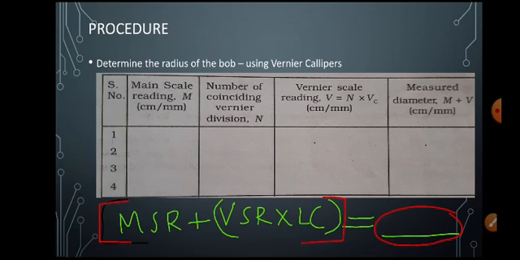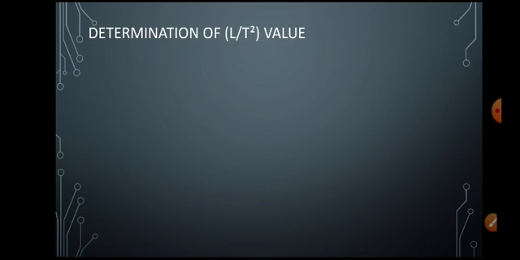You have to tabulate the readings. You have to take 3 or 4 readings as given in the instructions. So now you get the radius. From the diameter you will get the main scale reading and the Vernier scale reading.